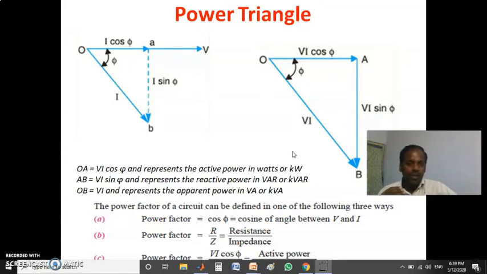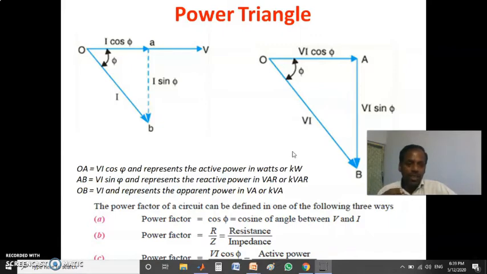The cosine of the angle between V and I will be positive or negative. If you take voltage as the reference, and I passes after the voltage signal, it is lagging. If I has a positive angle with reference to voltage, it means leading.